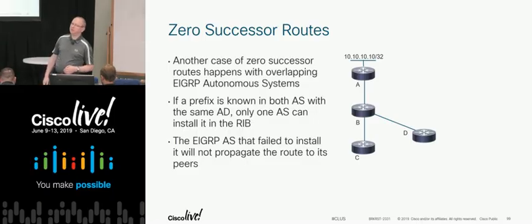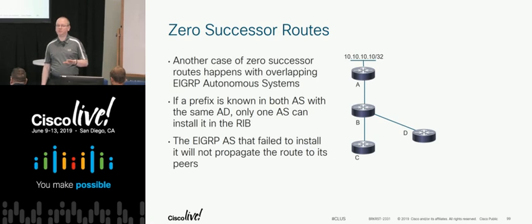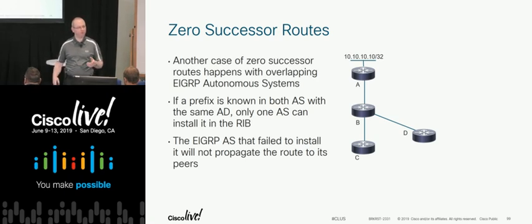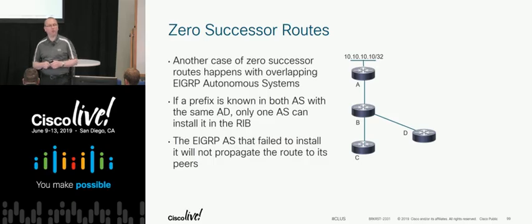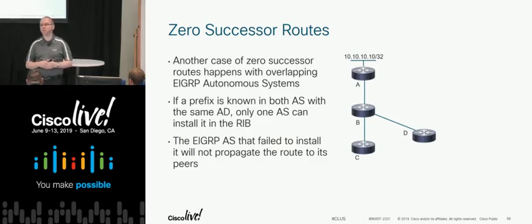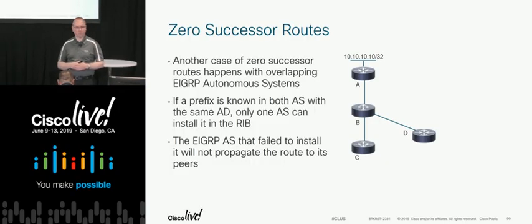What can be slightly confusing is that aside from conflicting routes, let's say from BGP and EIGRP, we may also see situations where you run two EIGRP processes on the same box and in the same VRF with two different process IDs, two different AS numbers, and both of these EIGRP processes knowing about the very same route. It's not allowed for EIGRP to install a route into the routing table from two processes.